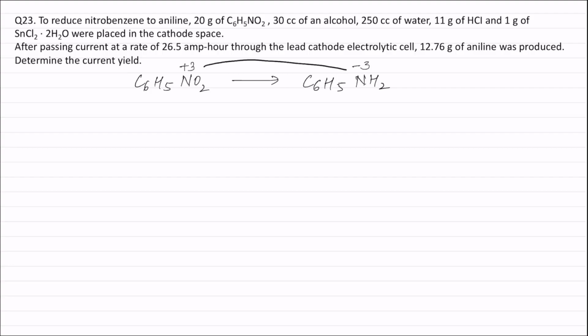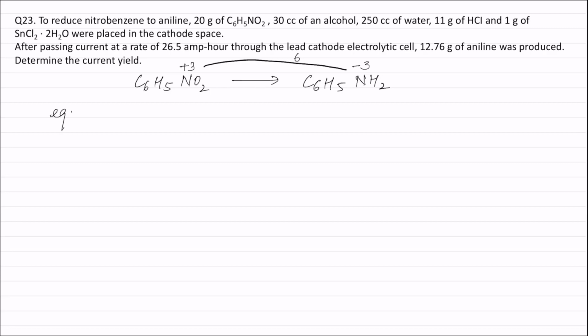Therefore, change in oxidation number is 6. Now moles of nitrogen in 1 mole of nitrobenzene is 1 and moles of nitrogen in 1 mole of aniline is 1. Therefore, change in oxidation number per mole of nitrogen is 6, or valency factor is 6.